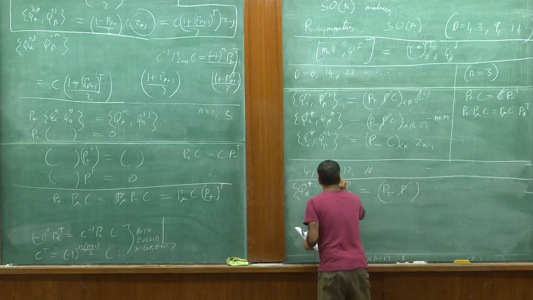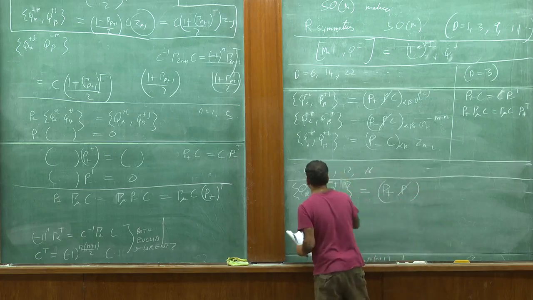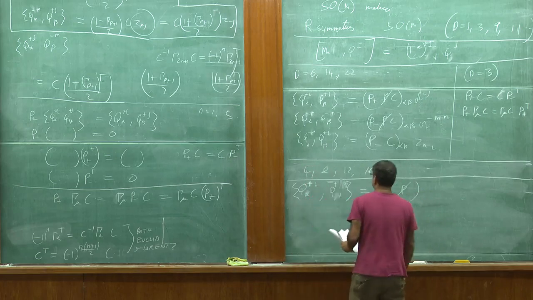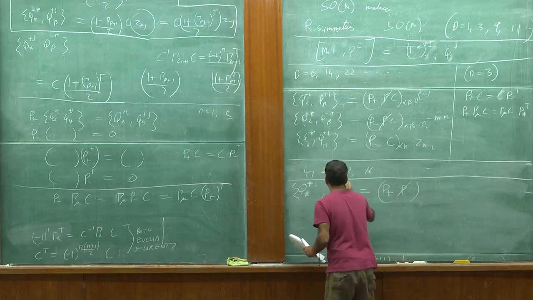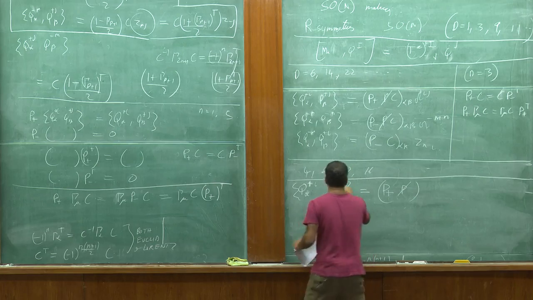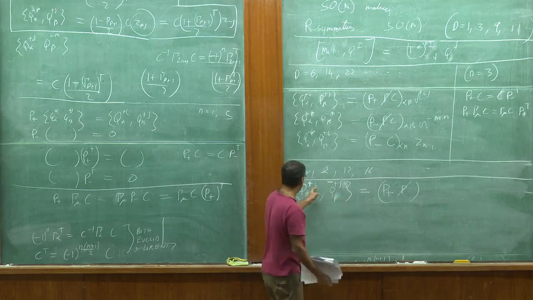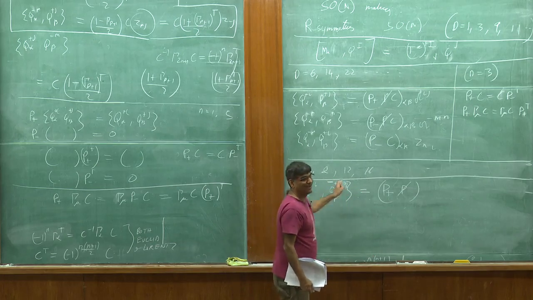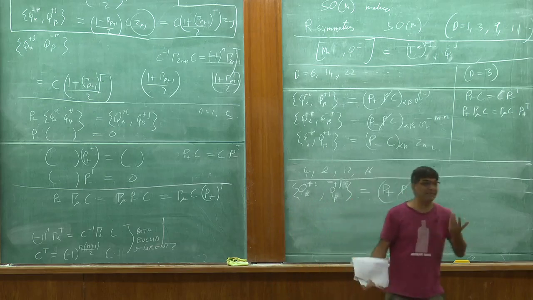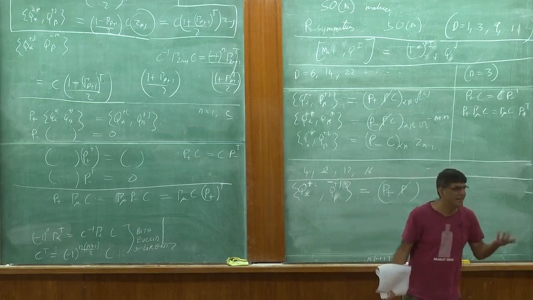Now here for the first time we will have upper and lower indices. This guy is a lower index. I'm putting it up here so that you don't get confused. But it's a lower index under the R symmetry, which in this case, first time we have a complex group, will be SUN or UN.